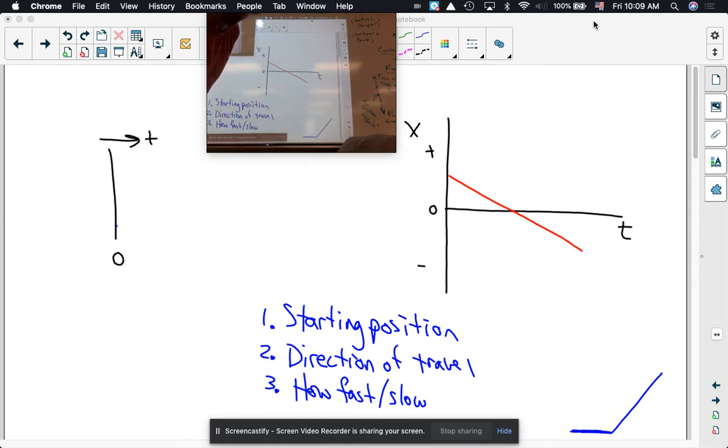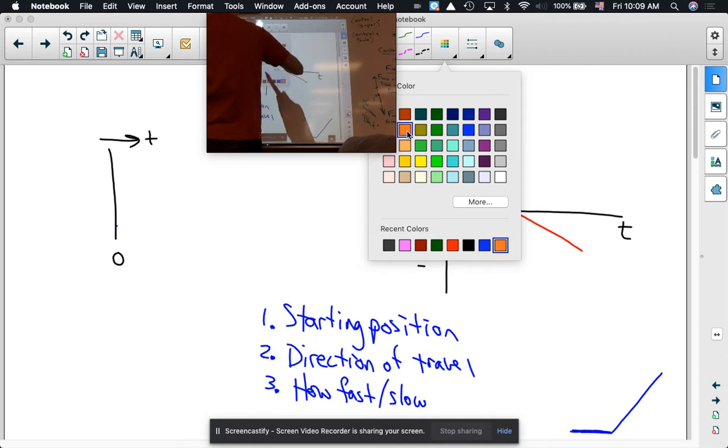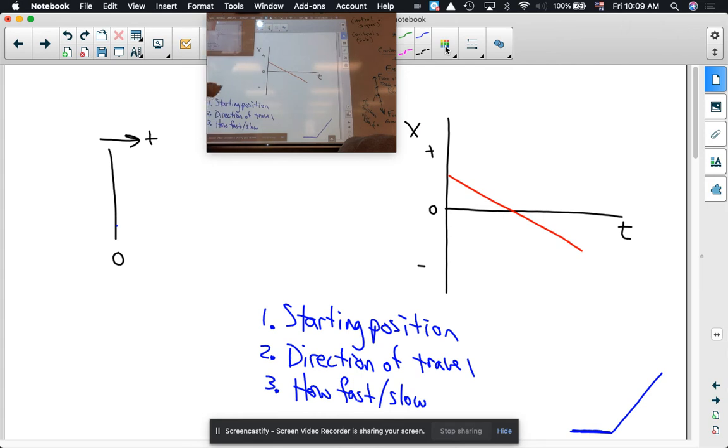Let's see, I need to get my pen. Let's go red. Okay, so because it starts with a positive position, I'm going to say it starts on the right side of 0. Remember, up and down on a motion map doesn't mean the same thing as up and down on a graph.